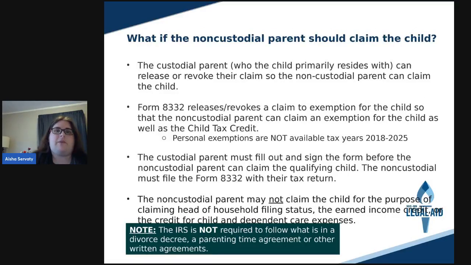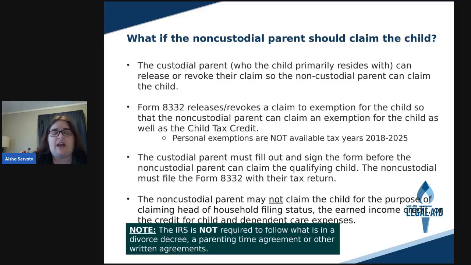There are times when a non-custodial parent can claim a child. So the custodial parent, who's the parent that the child primarily resides with, can release or revoke their claim so that the non-custodial parent can claim the child. That's an IRS Form 8332. And the custodial parent needs to fill out the form and then sign it.